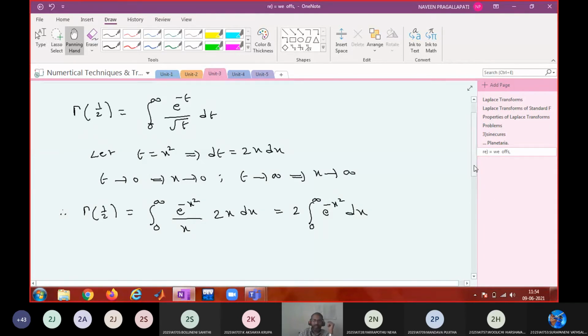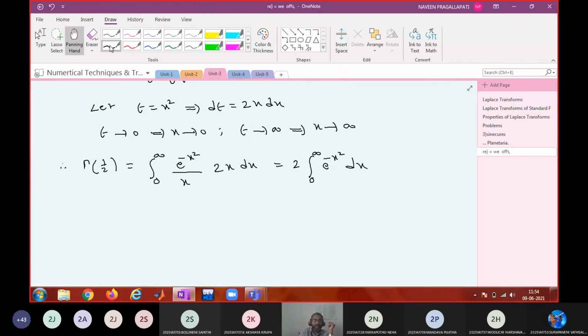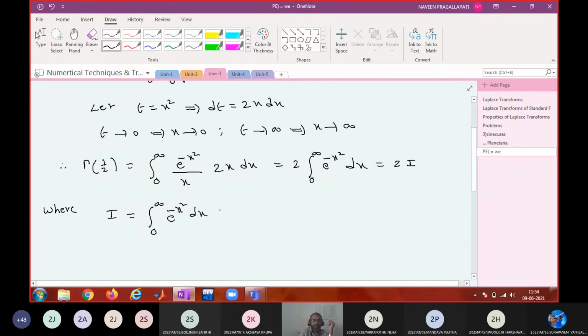If it is not done, I will show you. So I will consider this as 2 into I, where I is 0 to infinity e power minus x square dx. Now please tell me what is the outcome of this integral. Is it a constant or a variable?